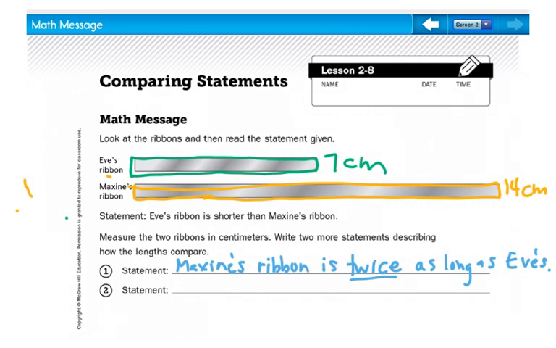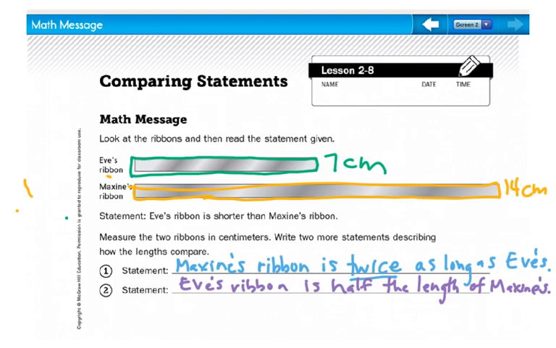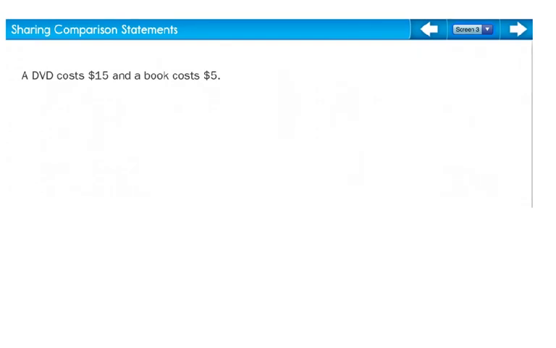7 times 2 would give me 14. Another comparison statement I could say would be Eve's ribbon is half the length of Maxine's. Or I could say something like 2 of Eve's ribbons would be equal to the length of Maxine's ribbon. These are all comparison statements. Here's another statement. A DVD costs $15 and a book costs $5.